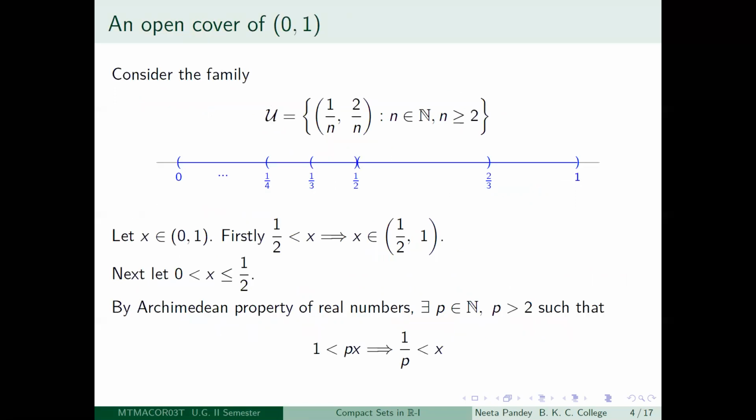But for this particular example, notice that all the members of this family, which is covering 0 to 1, are all subsets of the open interval 0, 1. So you are covering it, but just covering it. You are not going beyond the set.